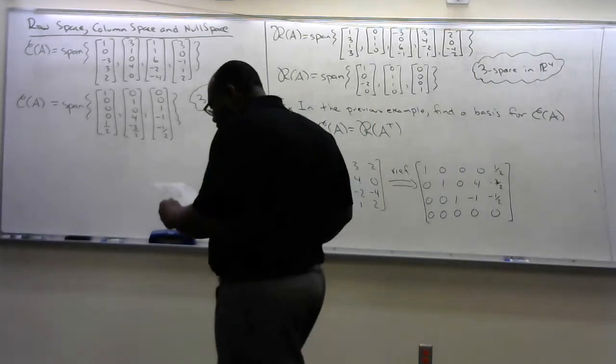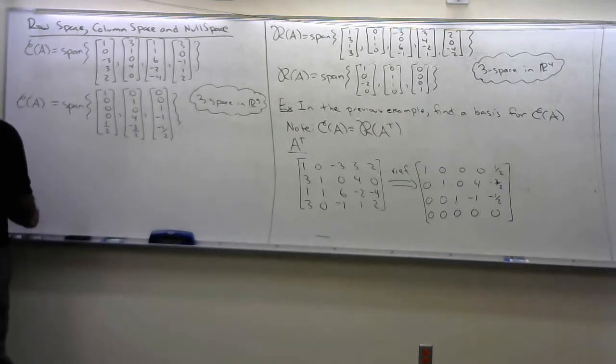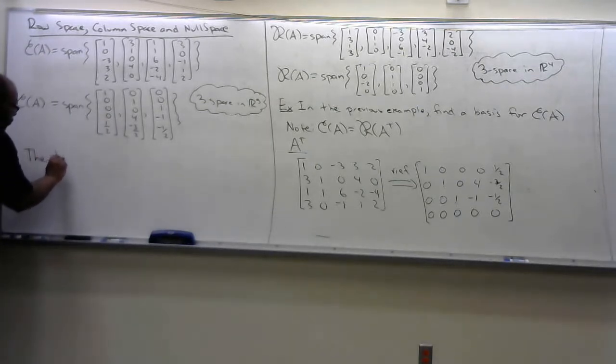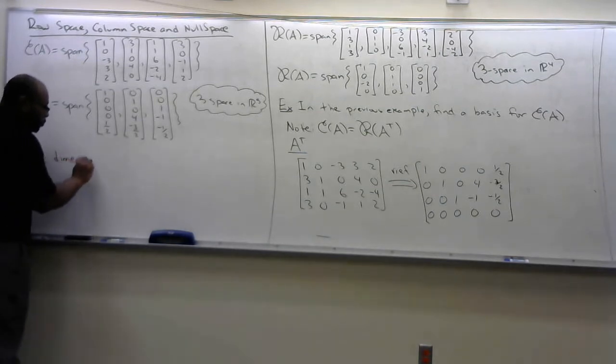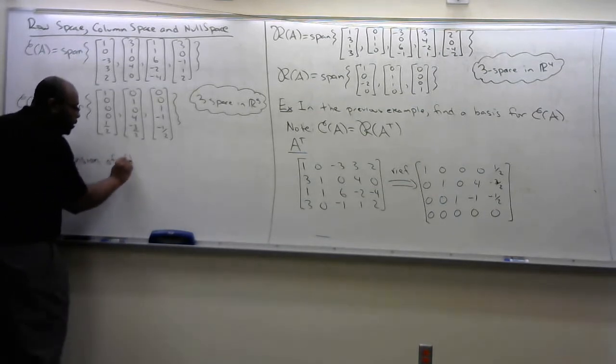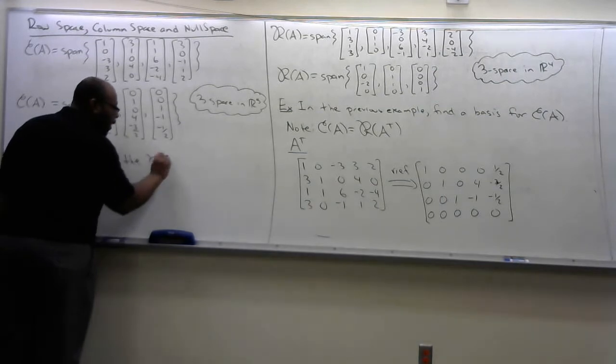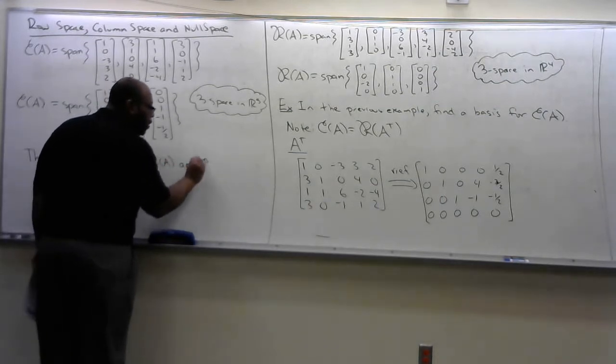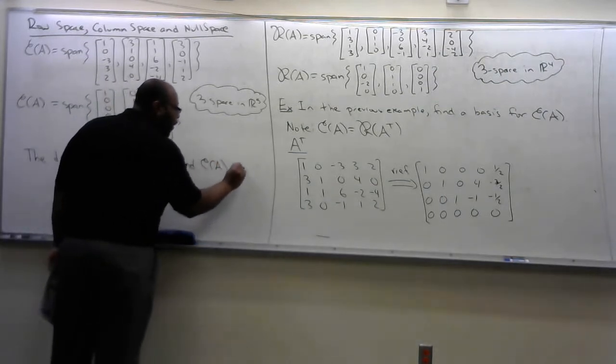So I can always say this: the dimension of the row space of A and the column space of A are always the same.